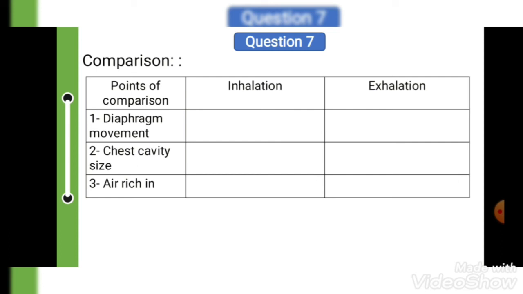طب diaphragm. Try to point inside your body. In means down. So the diaphragm in inhalation it moves down. عكسها على طول exhalation up. Inhalation breathe in. What about your chest cavity? Increase in size ولا decrease in size? Enlarge ولا become smaller?